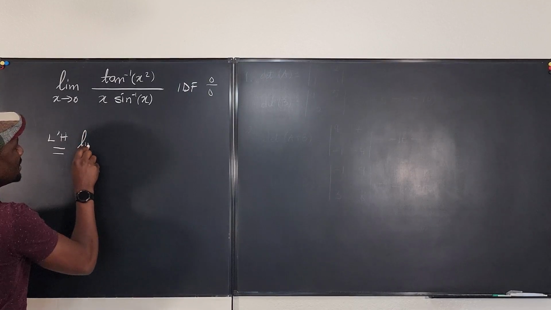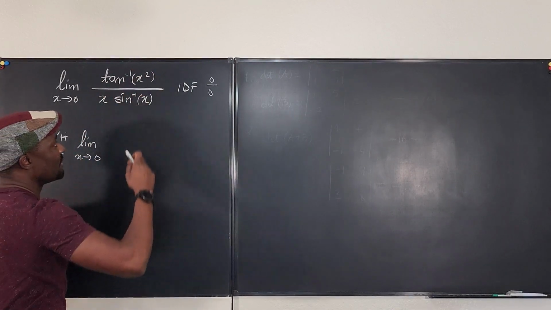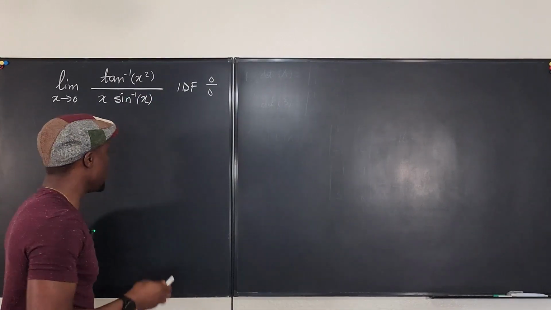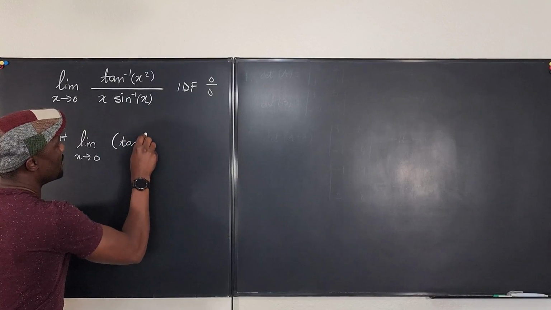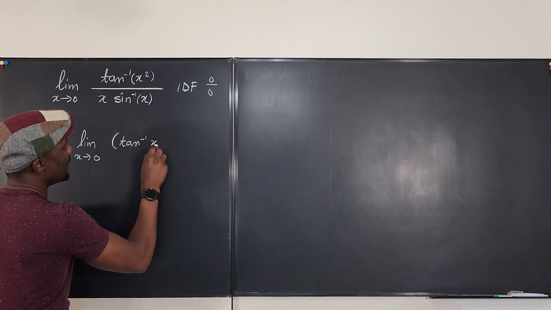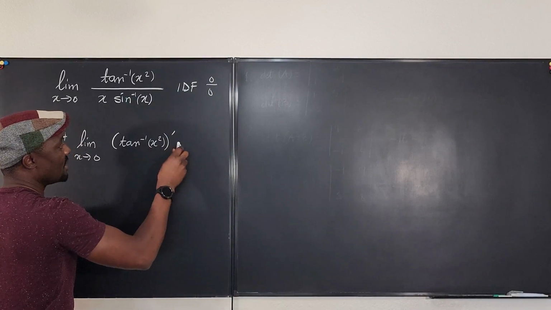we're still having the limit as x approaches 0 of the derivative of this. We'll have to apply the chain rule. It has to be the derivative of arctan x squared multiplied by the derivative of the inside.